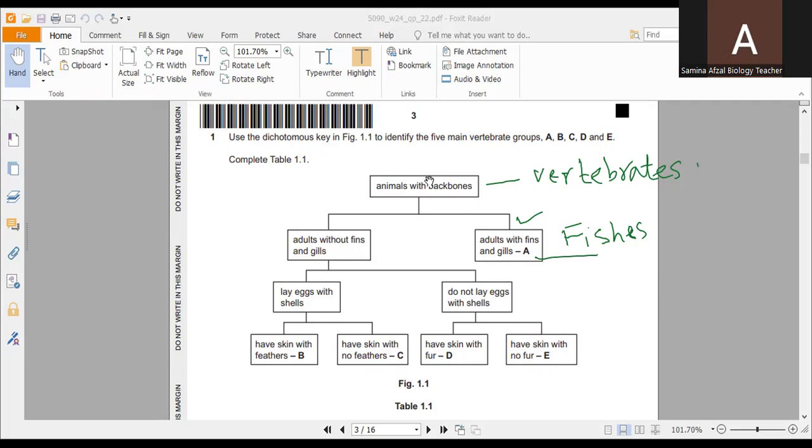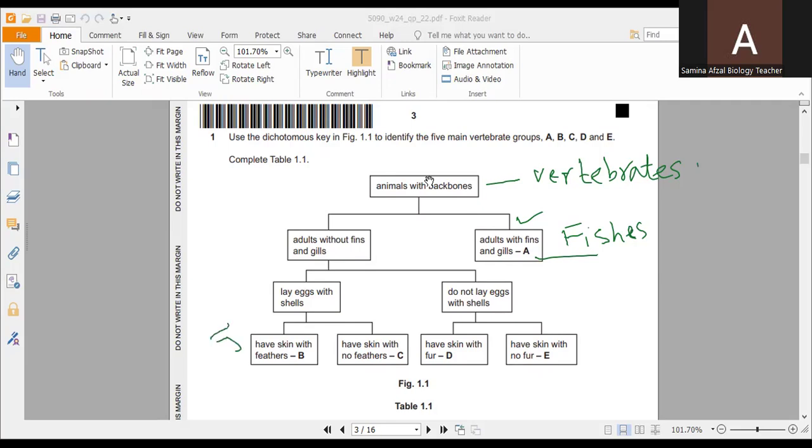So these are the fishes. And we are moving towards the other side, that is the adults without fins and gills. Further, this group is divided into lay eggs with shells and do not lay eggs with shells. First of all, we will move towards the organisms which lay eggs with shells, have skin with feathers.